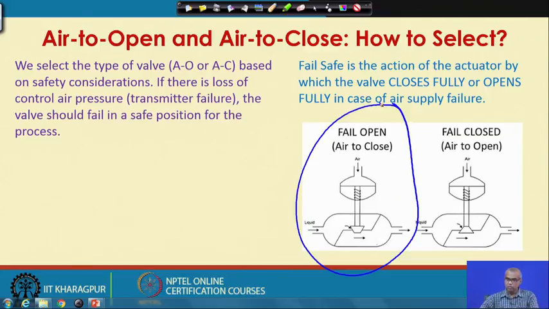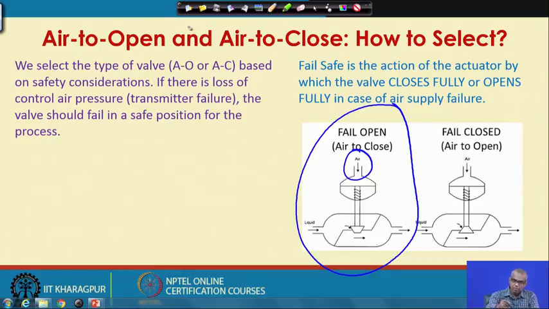Now, if there is a loss of air pressure, that means a loss of this signal, the valve will be completely open. So, we call it fail open. If there is a failure, the control valve will open fully.